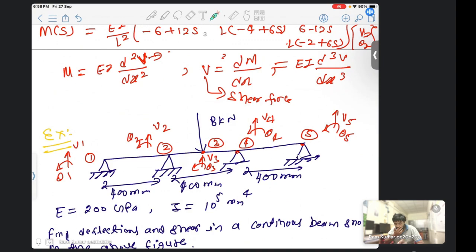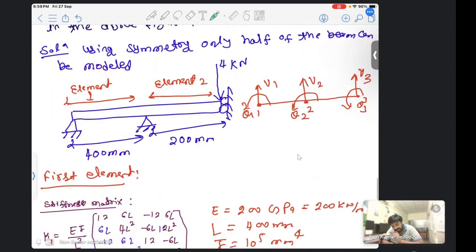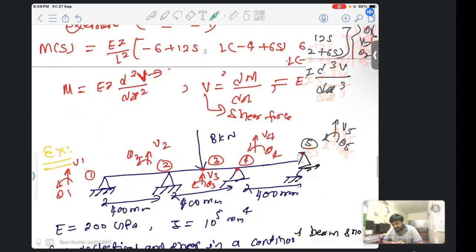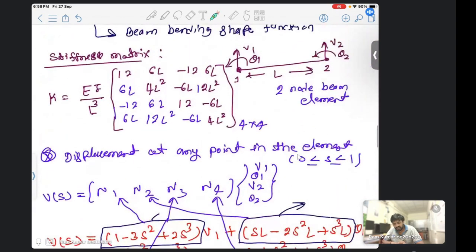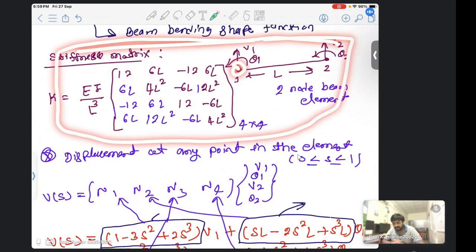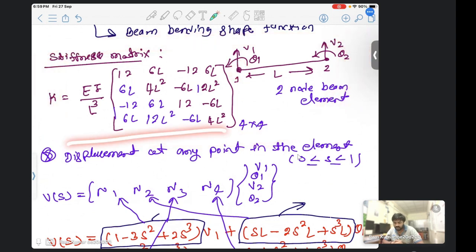Now first we have to find the stiffness matrix for each element, element 1 and element 2. As I told you, the stiffness matrix for any two-node element that has only 2 degrees of freedom per node is a ready-made 4 by 4 matrix.